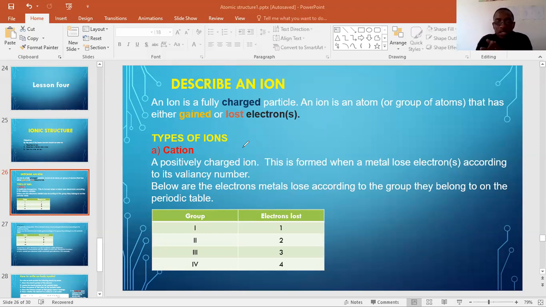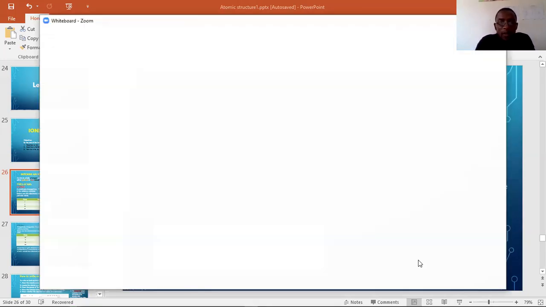To give more details about a cation, allow me to use the whiteboard. We have what we call a cation, and we have what we call an anion.